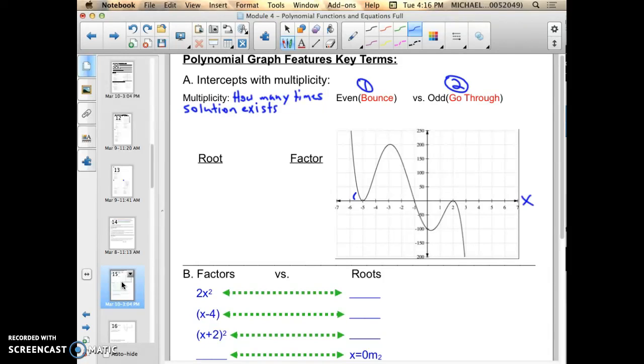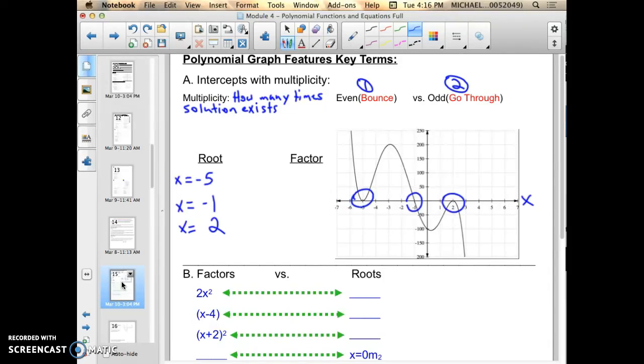So I see 1, 2, 3 places where they cross or hit the x-axis. So I'm going to say for my root form or solution form or x-intercept form, x equals -5, x equals -1, and x equals 2.